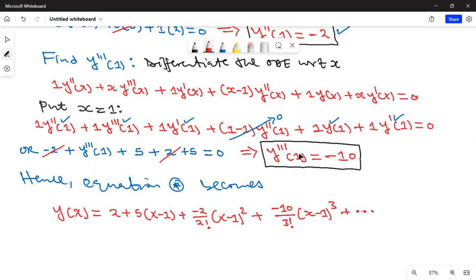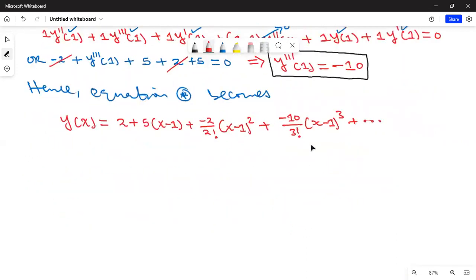And so if you simplify this one, this is what you're going to get. Y of x is equal to 2 plus 5 into x minus 1. Remember 2 factorial is 2, so -2 over 2 factorial is simply -1, so it's -1 times x minus 1 squared.